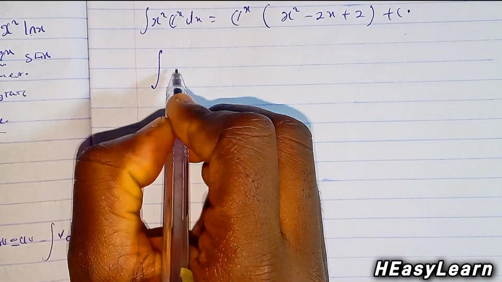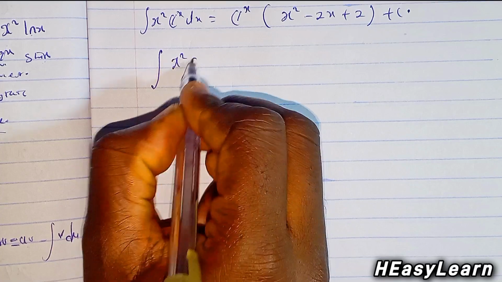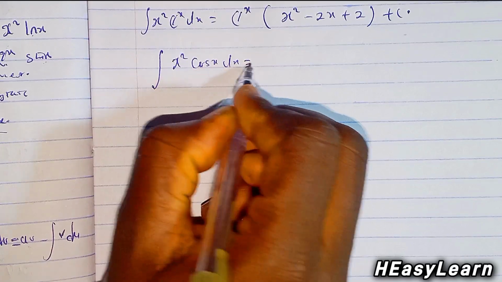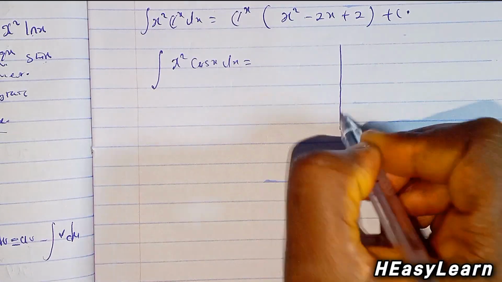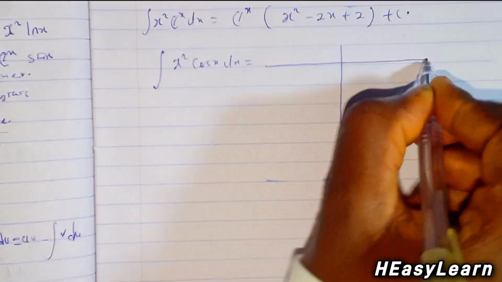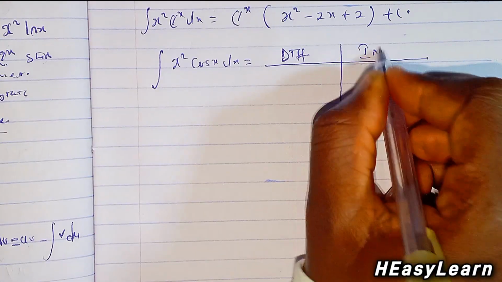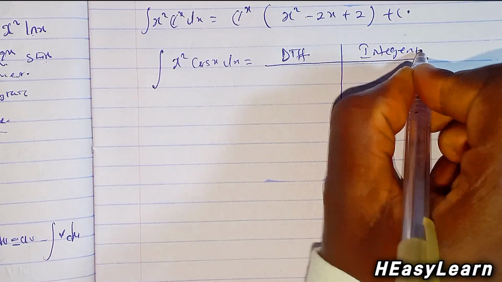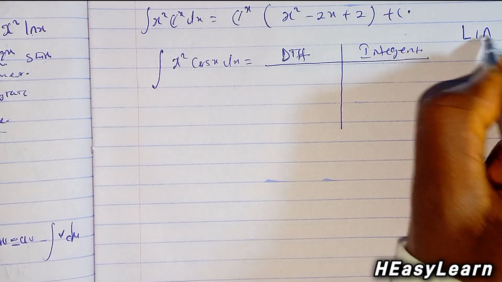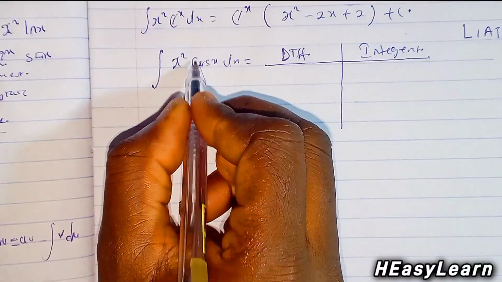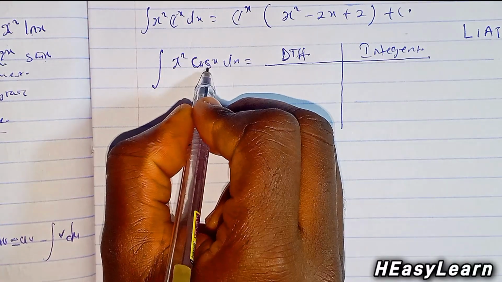What is going to be the integral of x squared cos x dx? This is the same thing using tabular integration. We differentiate the function that is here, and we integrate the function that is here using LIATE, because this is an elementary trigonometric function.